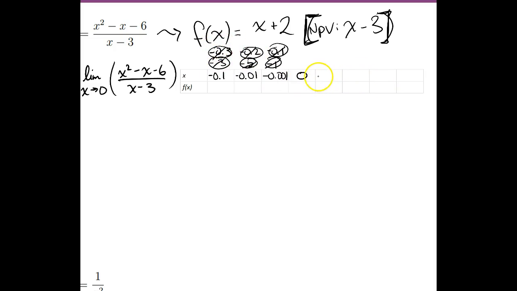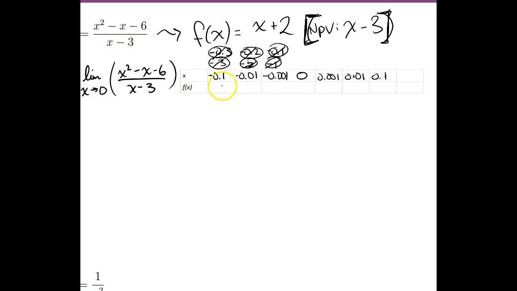Okay, from the other end, I might start at 0.0001 because I can get even closer, or I can just kind of go with symmetry and go 0.001, 0.01, and 0.1. And 3 is going to give me a decent picture.